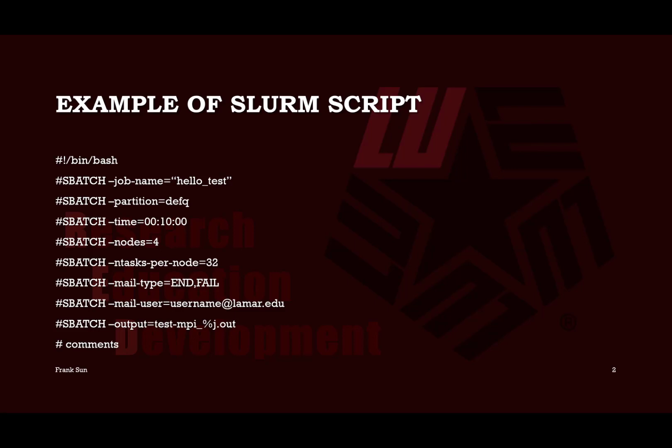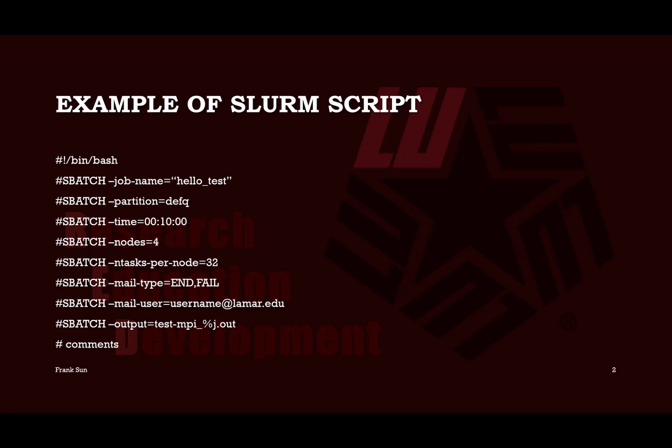Mail type: here you can define when certain events happen, the system is going to send you an email. The events can be begin, end, fail, requeue, or all. Most of the time, when the job is done at the end, or something happens, a failure situation, you will get an email.